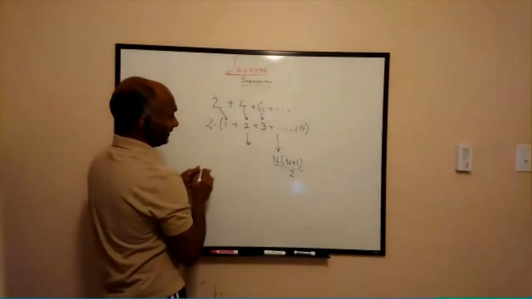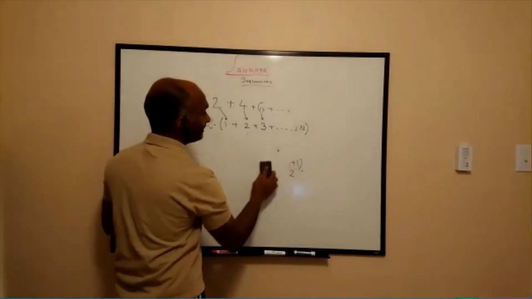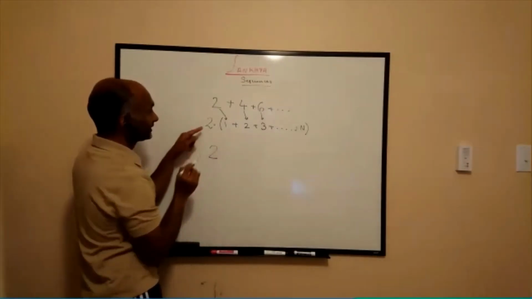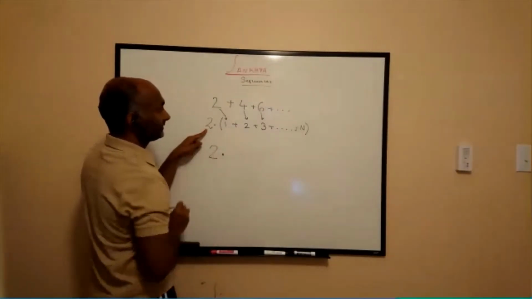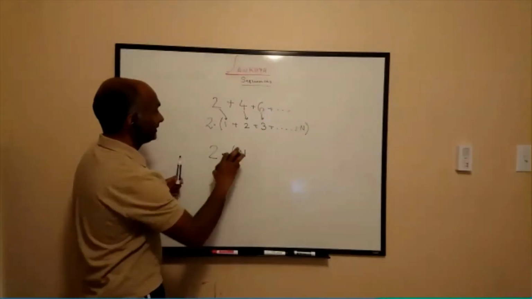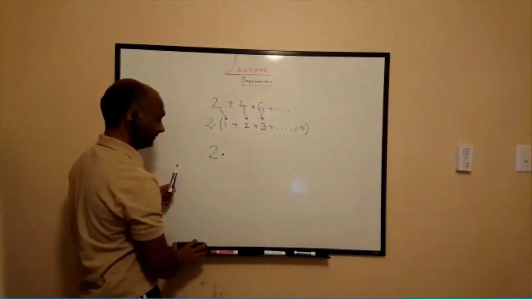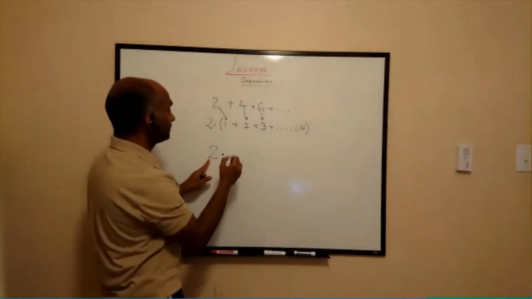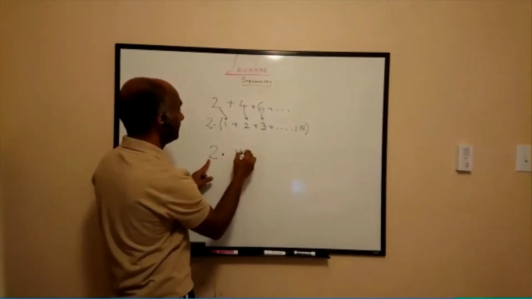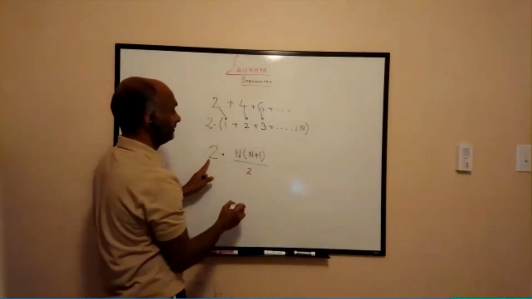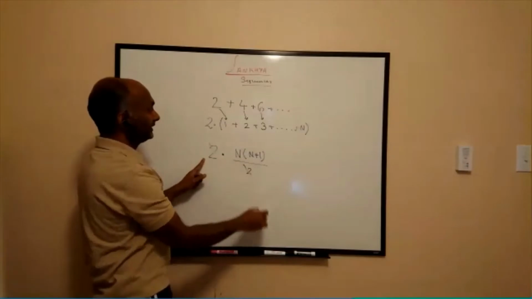So if I rewrite this now, it becomes 2 times n times n plus 1 by 2, and the 2s can be crossed out.